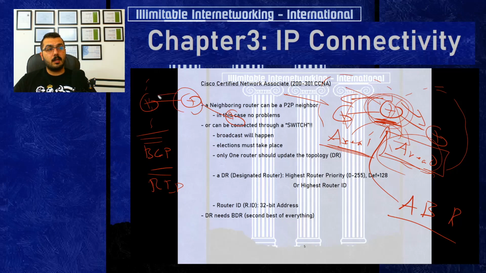The router that is connected to another router of another routing protocol is called an Autonomous System Border Router, an ASBR, because it's connected to OSPF on one side and to another routing protocol on the other side, whether it was static, dynamic interior, dynamic exterior, whatever it is. Just because it's not OSPF, this router is called an ASBR.